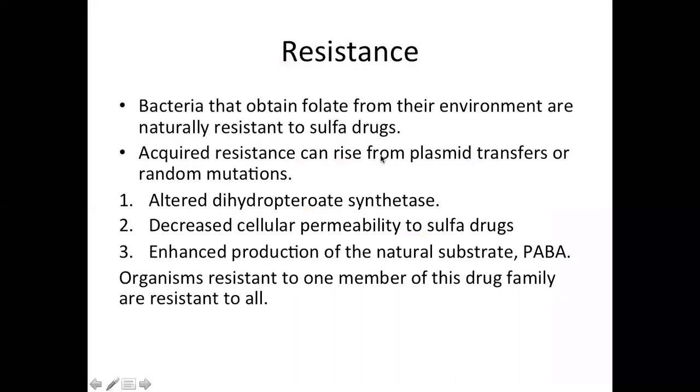So these three mechanisms are the main mechanisms of resistance to sulfonamide drugs. So organisms resistant to one member of this drug family will be resistant to all of the other drugs.